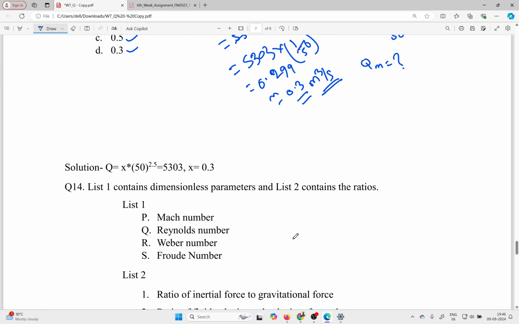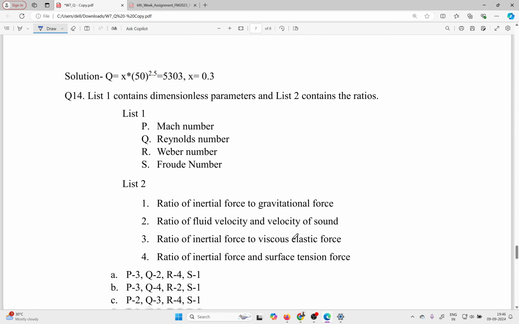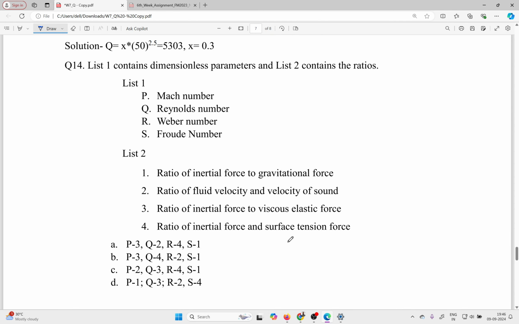Now the next question is very interesting. List 1 contains the dimensionless parameters and list 2 contains the ratios. Mach number, Reynolds number, Weber number and the Froude number.